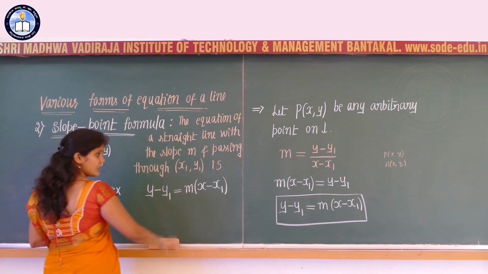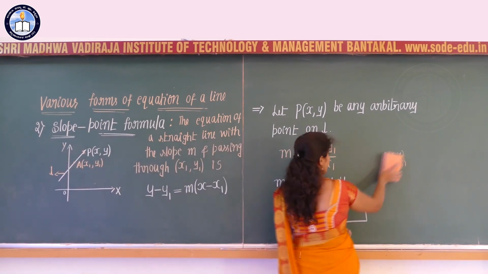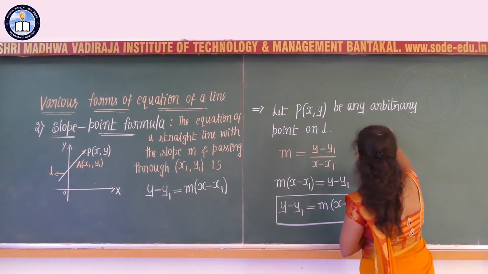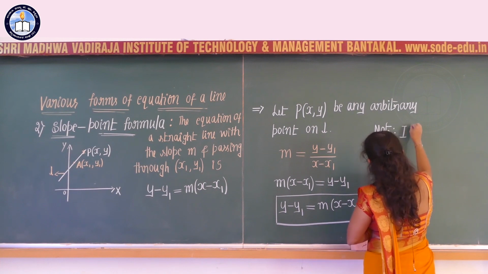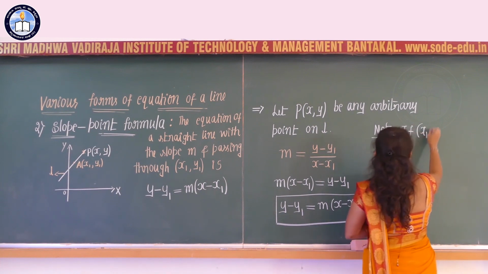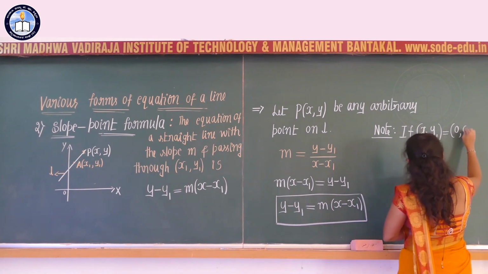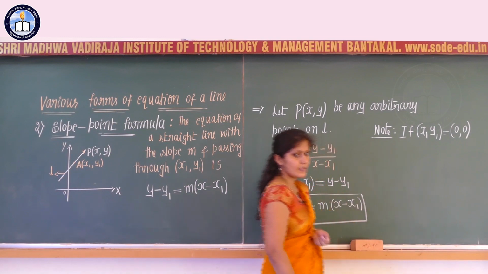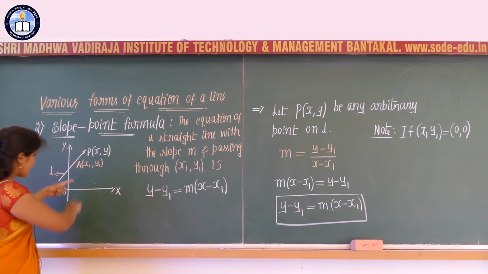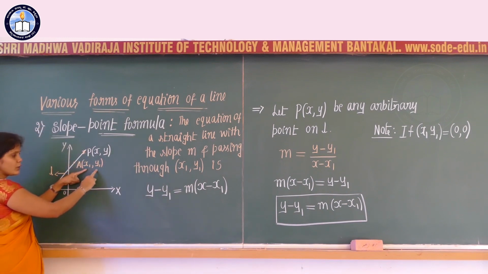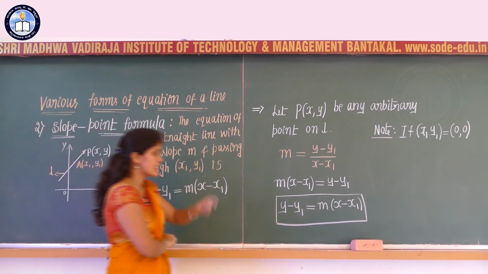So, let me consider one note, that is, if x1 comma y1 is 0 comma 0, that means the given line passes through 0 comma 0, that is nothing but the origin.